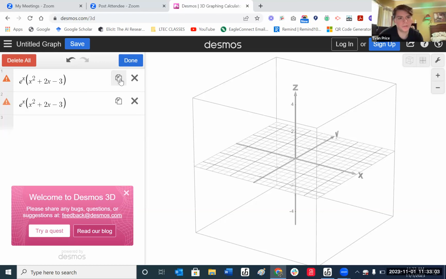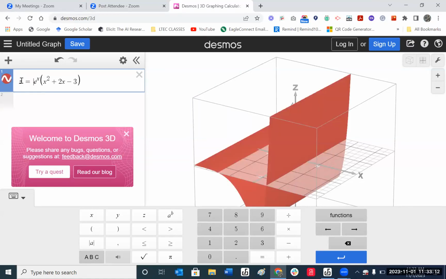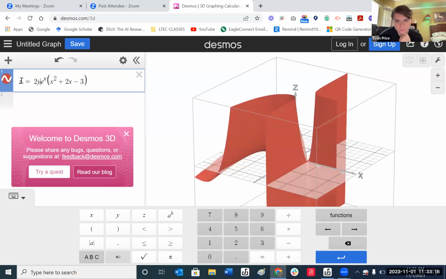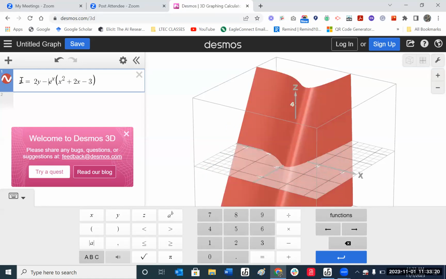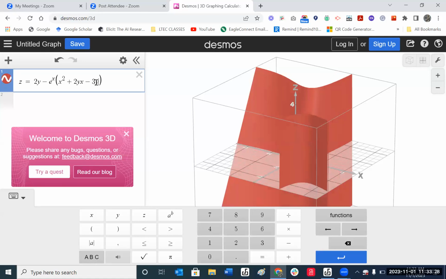It's going to be z equals automatically, it's implied. I put a y value in there, 2y minus all those values of x. It's so cool how this thing just changes.